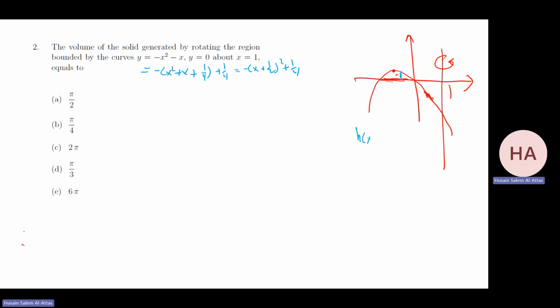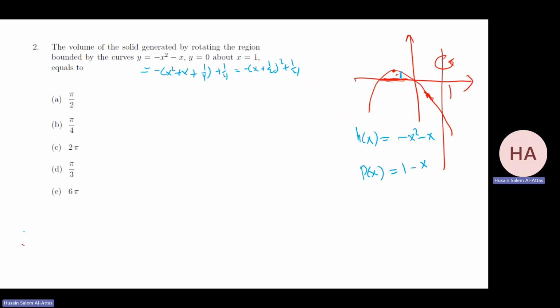So I have h of x will be the parabola itself. It will be what? Minus x squared minus x. Okay. And my p of x will be what? 1 minus x.